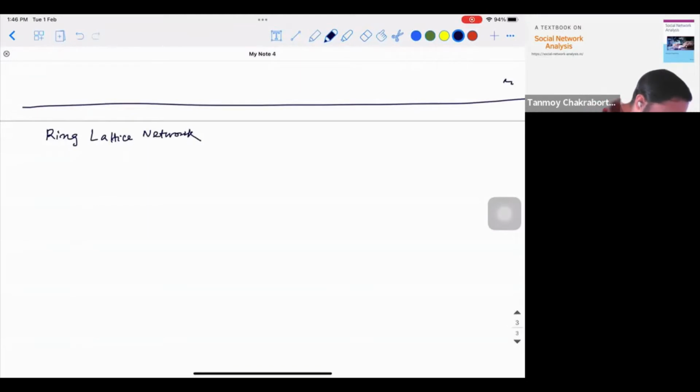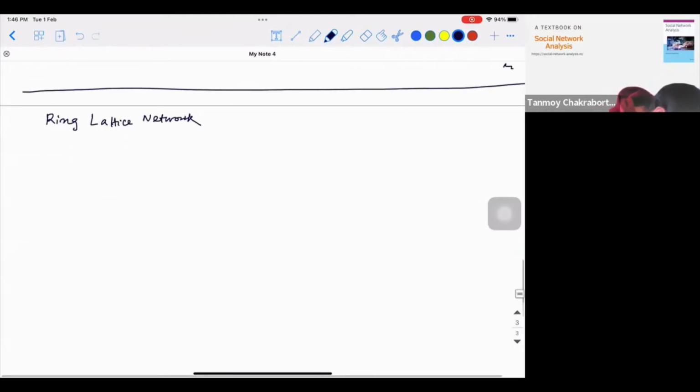In ring lattice network, let's assume that it looks like this. It forms a ring, and each node, say v, is connected to, and let's assume that the degree of each node is always fixed, which is k.